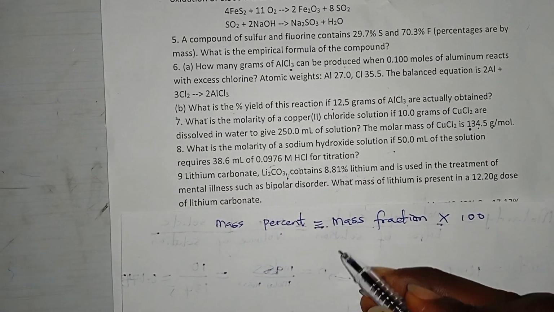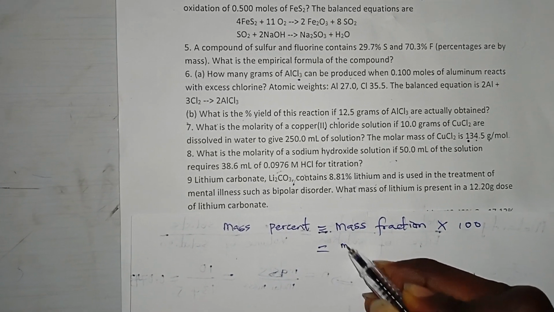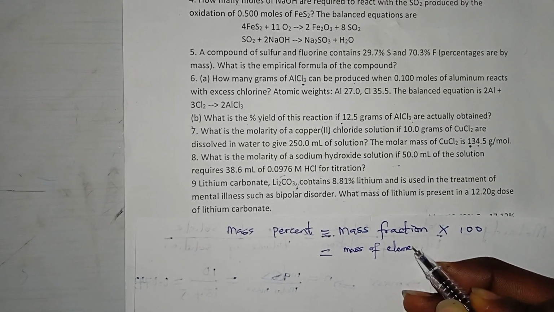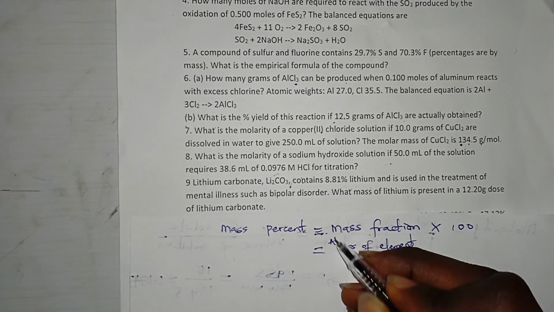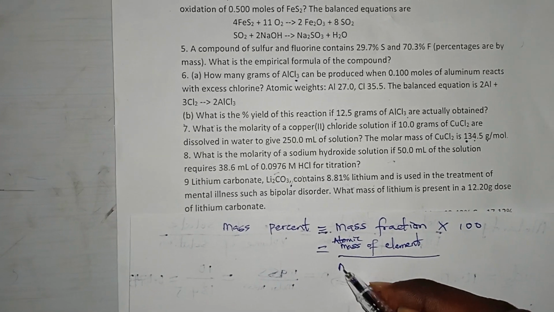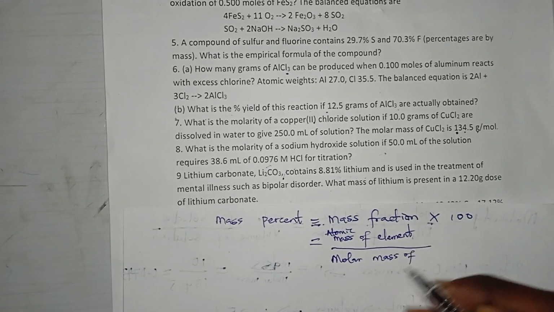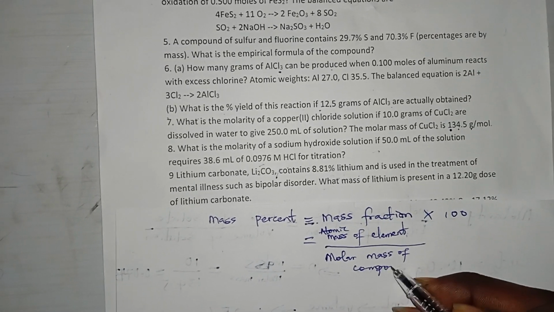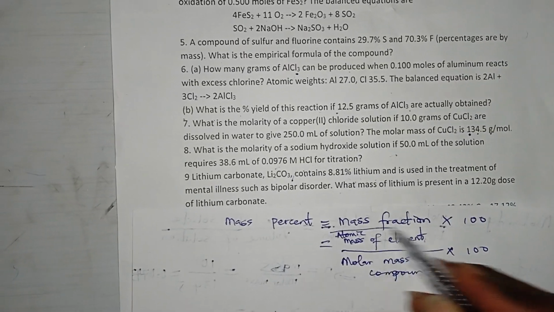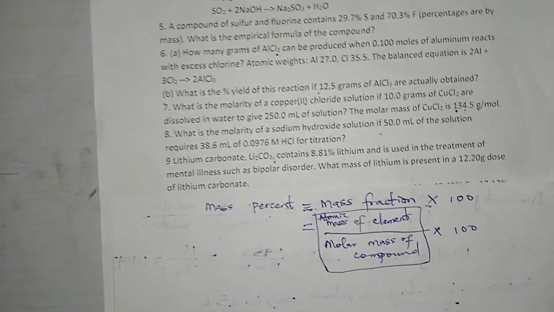Mass fraction is simply the mass of the element, or you say atomic mass, or molar mass of the element, all over the molar mass of the compound, or total mass, times 100. So everything here in this box is what we call mass fraction.